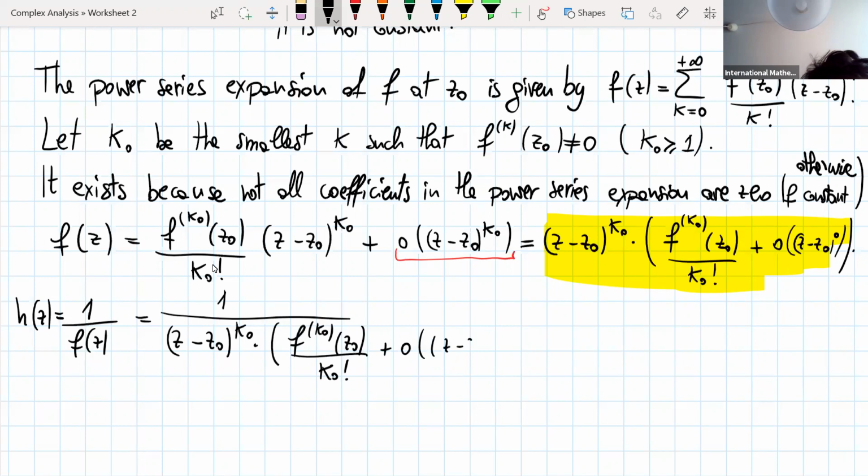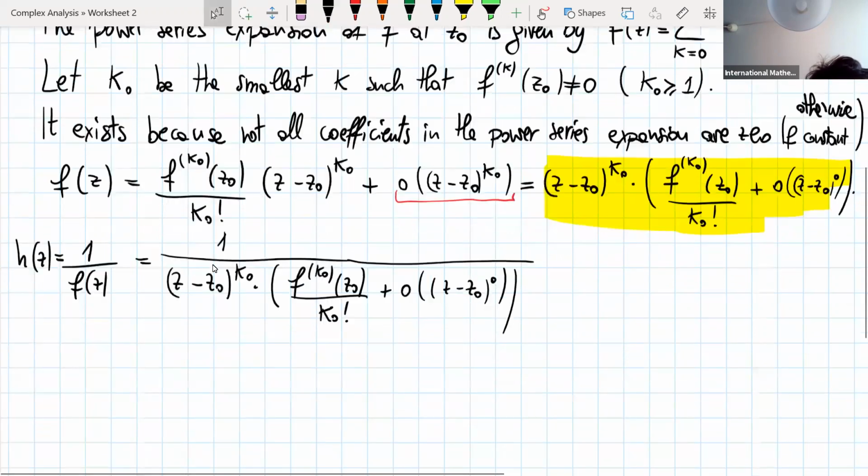These are terms of order bigger than 0, so terms of order at least 1. Now this suggests that this function should have a pole of order k0.